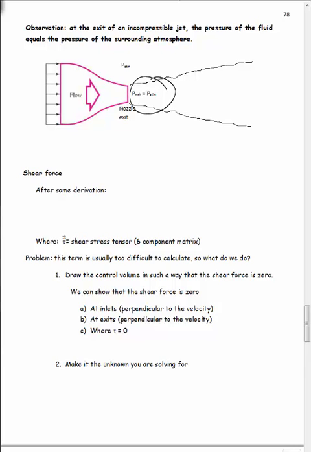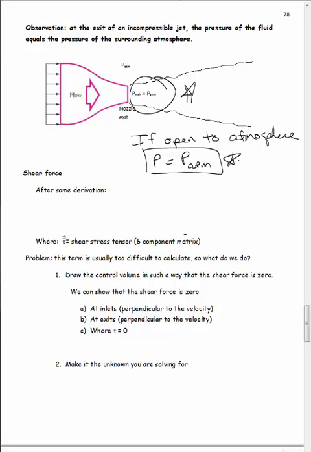Okay, so be careful with that. I'll put a little star by it. If it's open to atmosphere, kind of like our jet hitting that flat plate or that curved plate, P equals P atmosphere. And if we're using gauge pressure, which we usually are, that means 0.